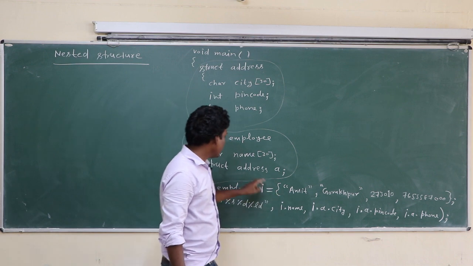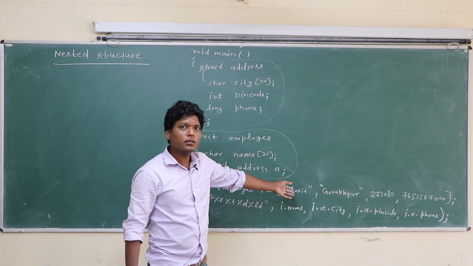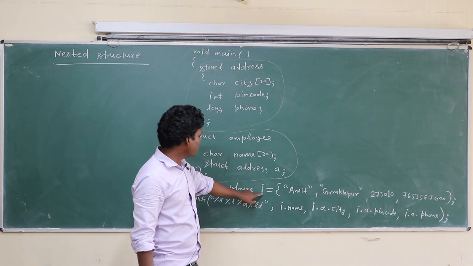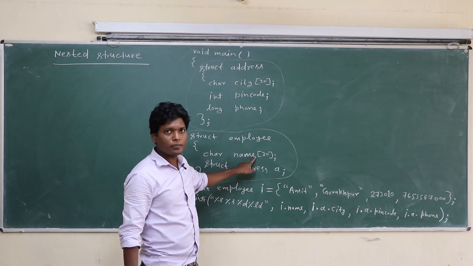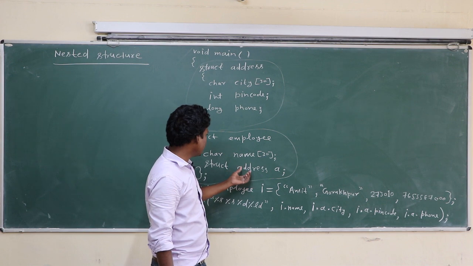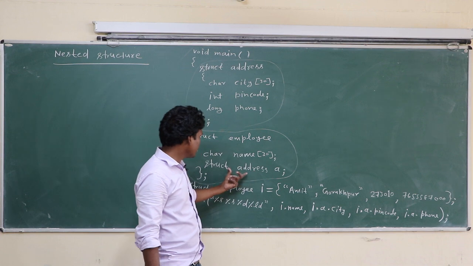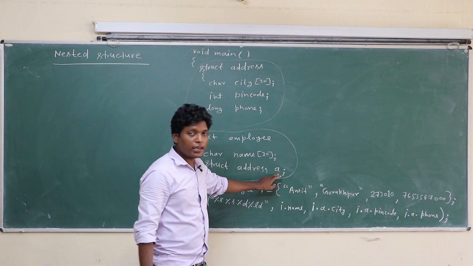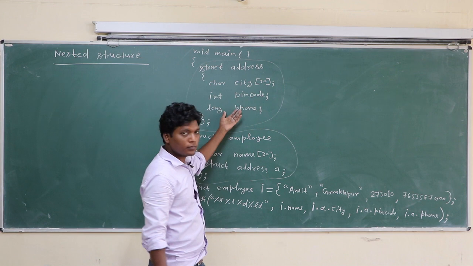And we assign the corresponding constant or value. Since I is the structure variable of this structure, first is name, so we write here Amit, and second one is A, and this A is a variable of this data type, and this structure data type has three things.